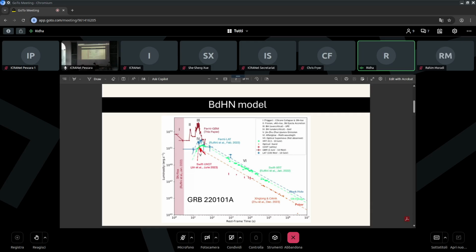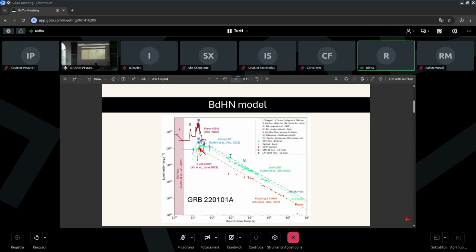So when the supernova ejecta expands and it reaches the two neutron stars, the neutron stars start accreting. And when the massive neutron star reaches enough critical mass, it collapses into a black hole. So that is the first peak that we see in the gamma ray data.